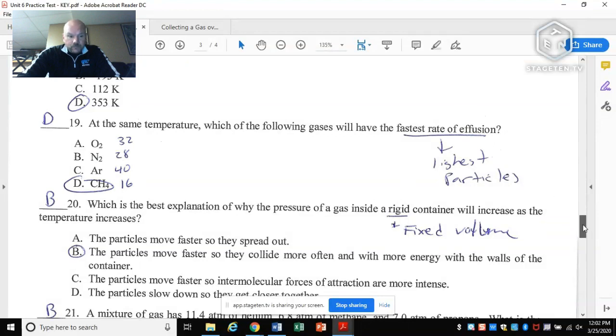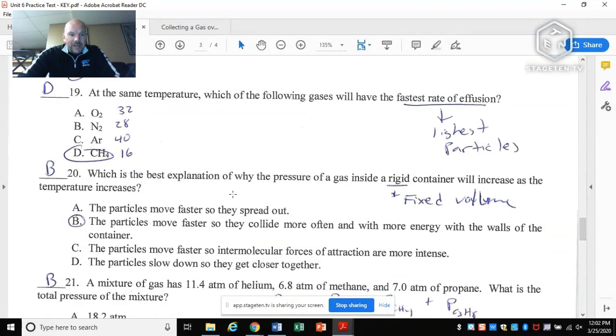And then 20, which best explains why pressure of a gas inside a rigid container will increase as the temperature increases. Rigid container means you have a fixed volume, so the space that the gas occupies doesn't change. Increased temperature means particles move faster.